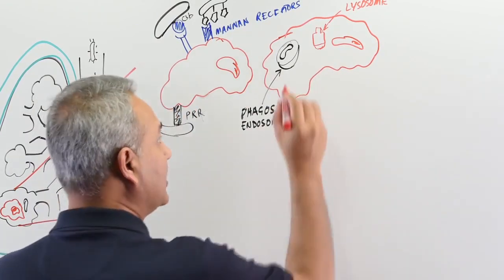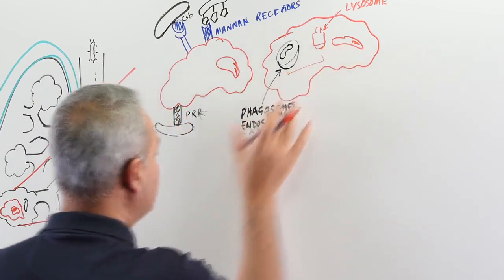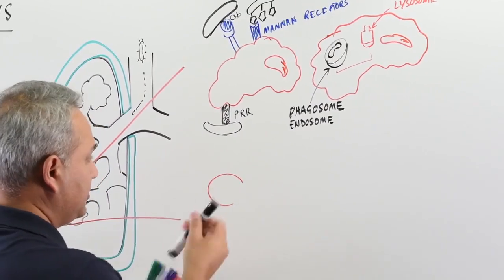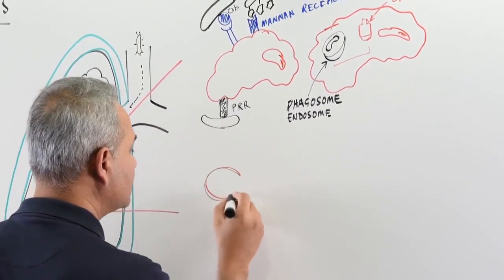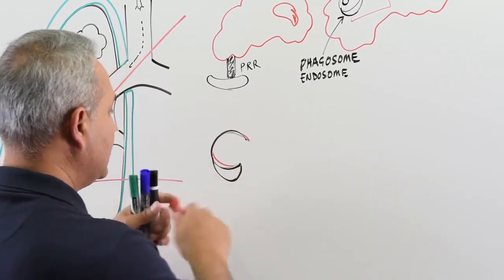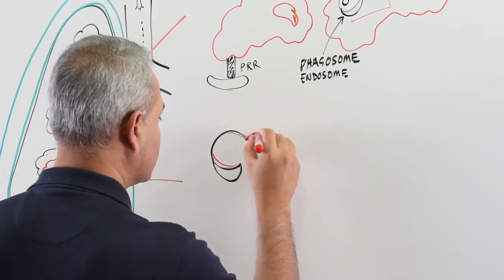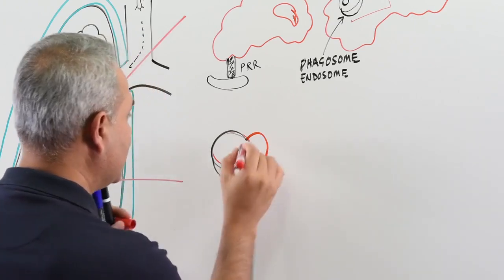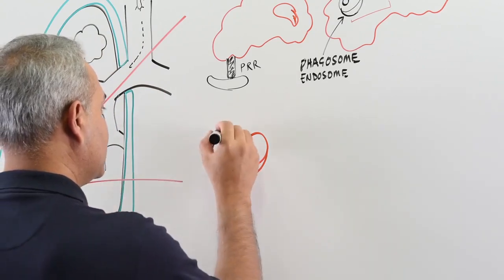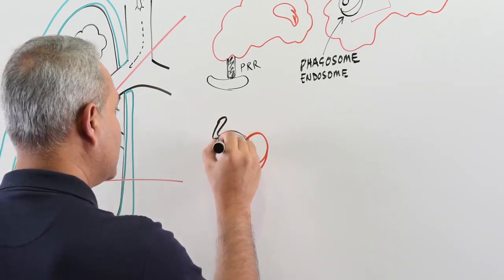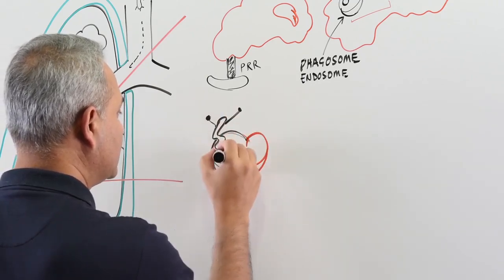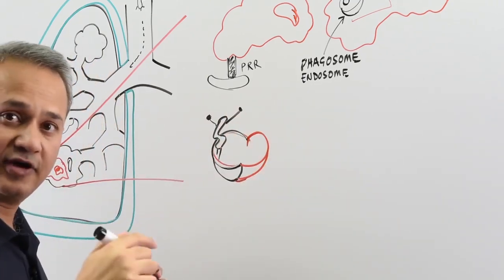Ideally, normally, the phagosome or endosome is fused with the lysosome, and then the pathogen is sitting on one side, very happy, saying, hey man, look, I am sitting in this hot tub, I am having fun, my life is happy. This is the Mycobacterium tuberculosis having fun inside the phagosome.